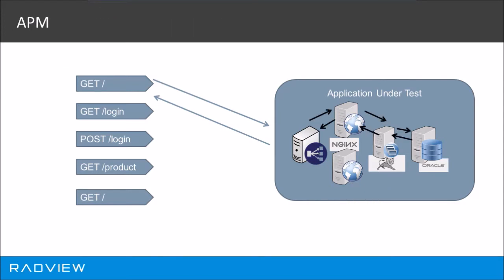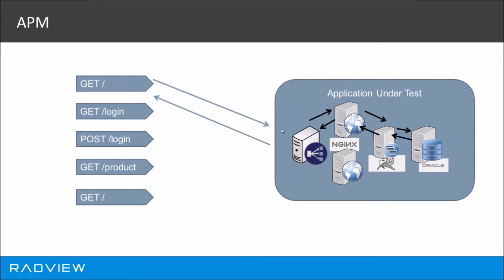Everything up until now was just WebLOAD by itself. Now I'm going to talk about what APM products, application performance monitoring tools like AppDynamics, can do. AppDynamics is installed within the back end of the servers, in each one of the servers, and therefore it gets more detailed information about the specific transaction.